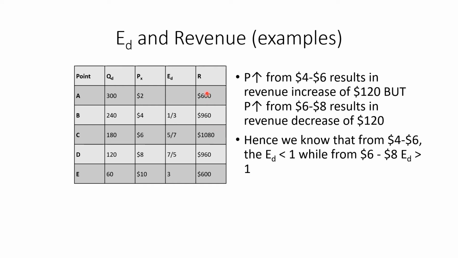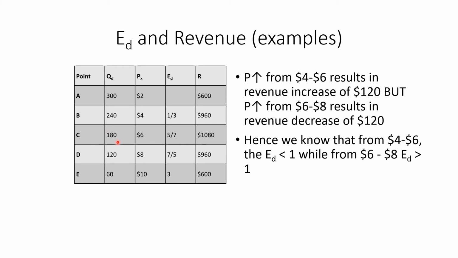That's what I just said. I probably could have held off till we were here, but we'll just repeat it. So if you look at a price increase from $4 to $6, the revenue increases by $120. That tells you that between $4 and $6, the elasticity is less than 1.